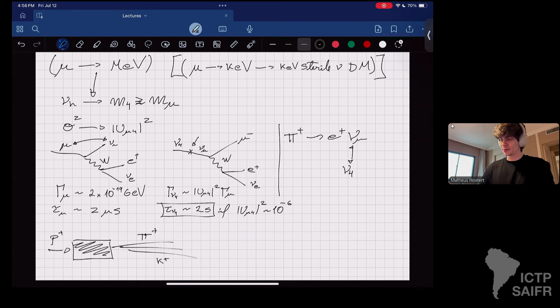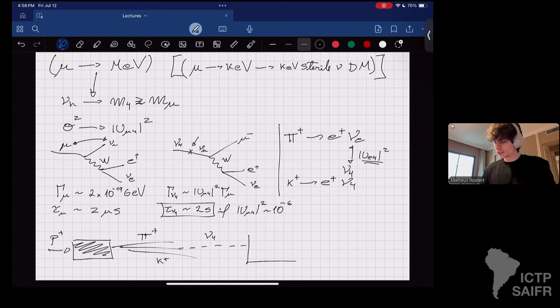Let me make this a little bit more exciting, because now it's kinematically allowed. I can replace that, in this case, by U E 4 squared, for instance. So pions and kaons, another possibility is a kaon can decay to an electron or a muon and nu 4, again, by paying the price of these mixing angles. So a neutrino experiment can be a source of these nu 4 states.